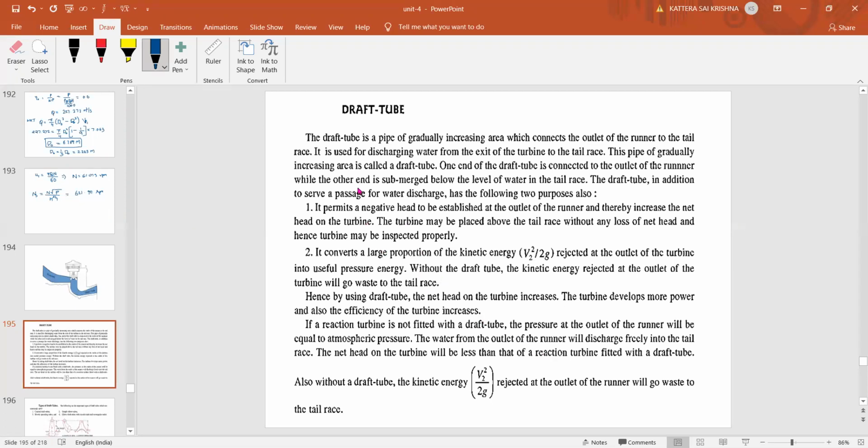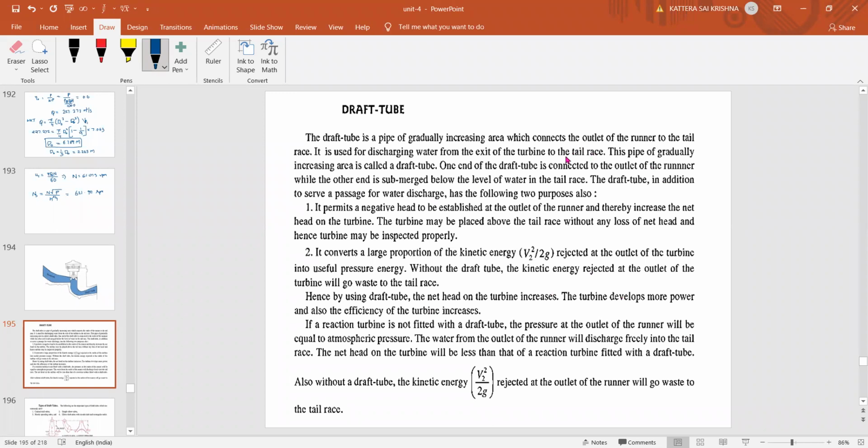So you can see here, the draft tube, as I already said, is a pipe of gradually increasing area which connects the outlet of the runner to the tail race, right? After finishing the work in the turbine, the water should come out to the tail race. So a tube is connected there with varying cross-sectional area so that the water discharges from the exit of the turbine to the tail race.